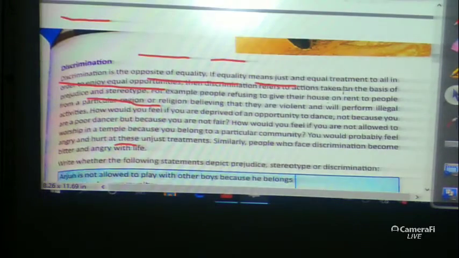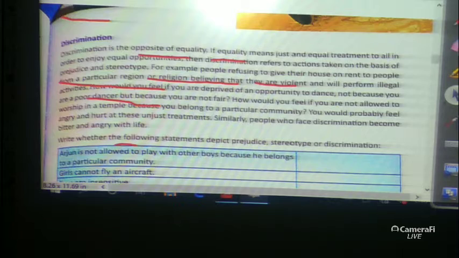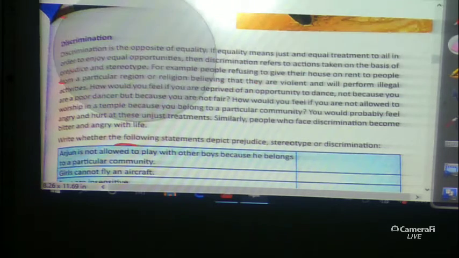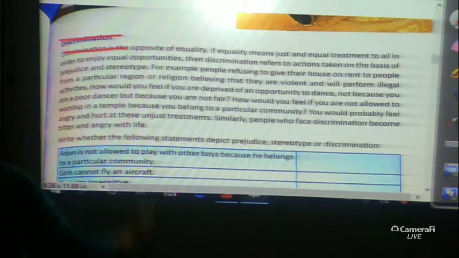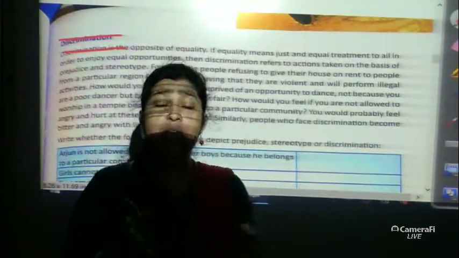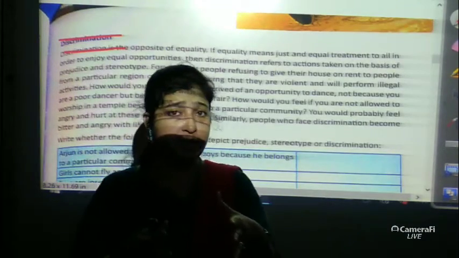Now our next part is discrimination. So discrimination is the opposite of equality. Equality means bonding.